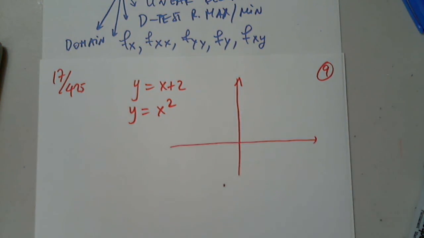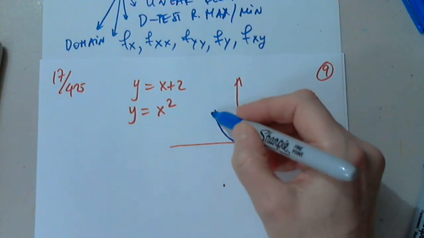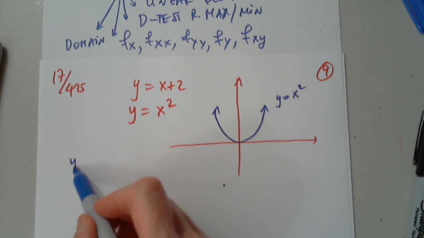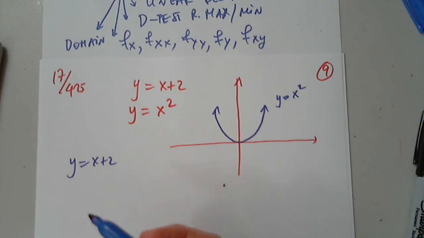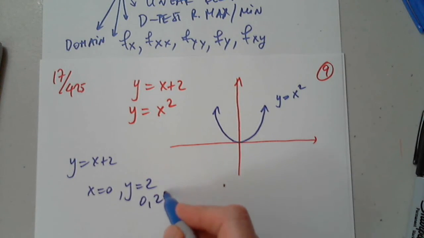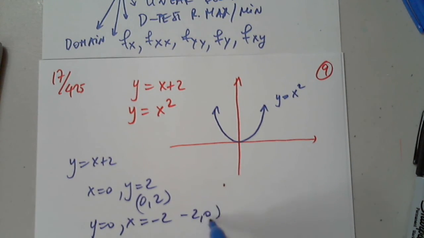So first I graph this, which is the easiest, right? So y equals x squared. And then when I graph y equals x plus 2, I need 2 points. When x is 0, y is 2. So 0, 2. When y is 0, x is negative 2. So negative 2, 0.